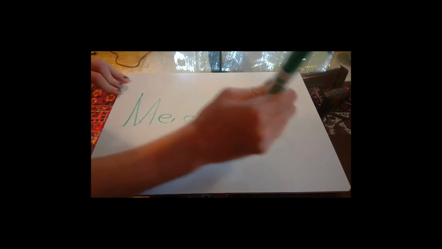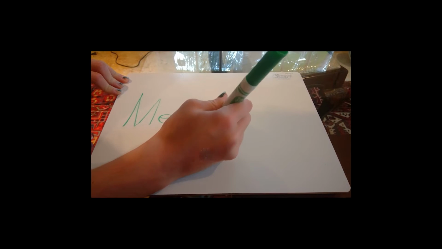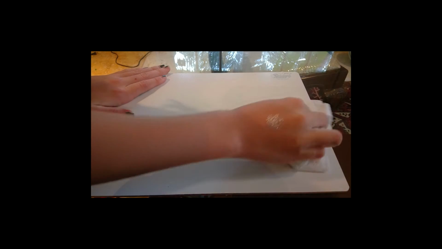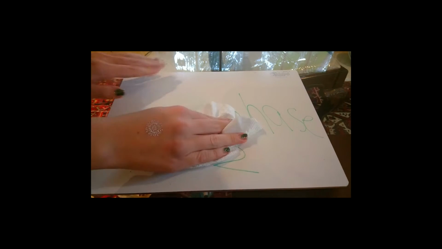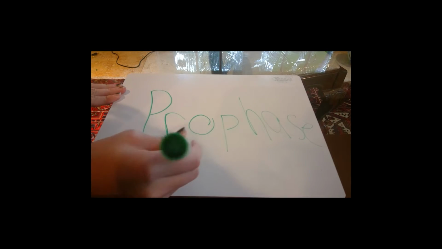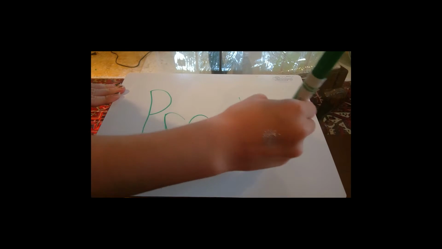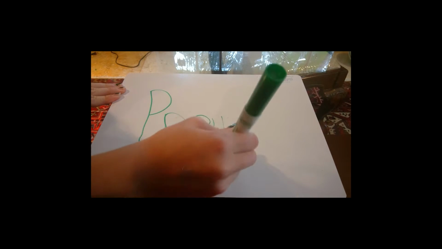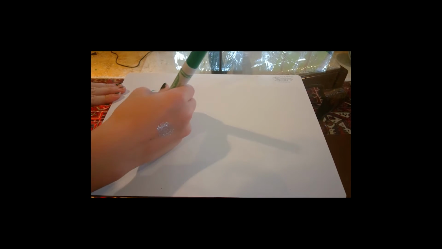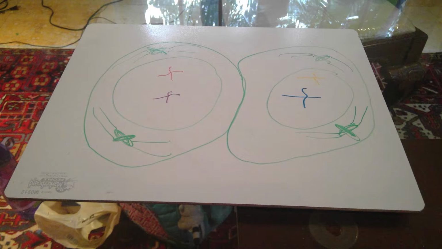Now is meiosis 2. The first phase here is prophase 2. Again, the nuclear membrane breaks down.